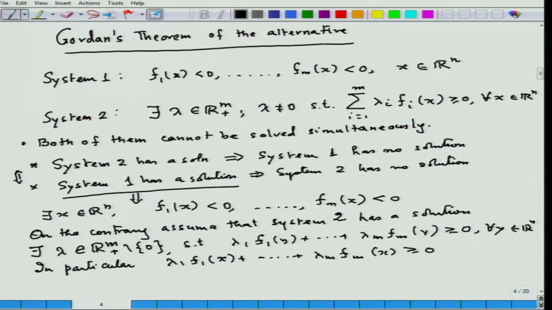So, there will be at least one k for which lambda k f k x is strictly less than 0.